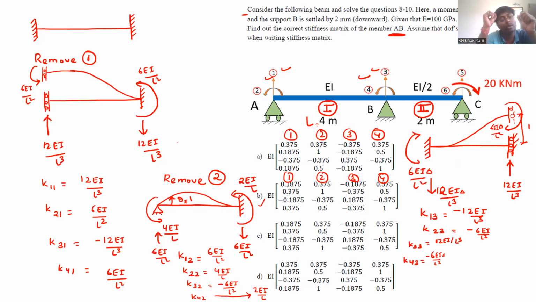There you cannot do it by hand calculation. There you have to code your own problem using any language, maybe MATLAB, C, C++, Python. After coding, you can get your unknowns from there.